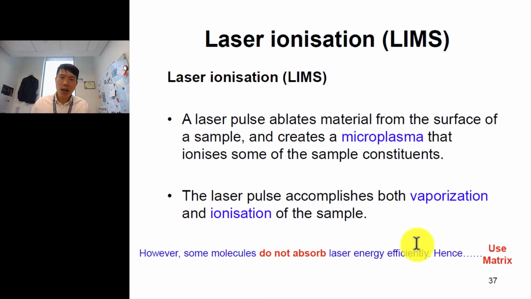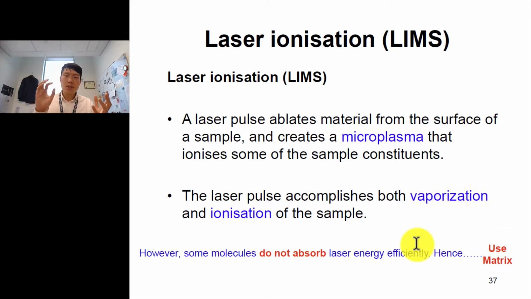Laser ionization, LIMS. So, LIMS, laser ionization mass spectrometry. The laser pulse ablates material from the surface of a sample. Then you create like a microplasma, which ionizes some of these sample constituents. And it does both the job of vaporizing and ionizing at the same time.